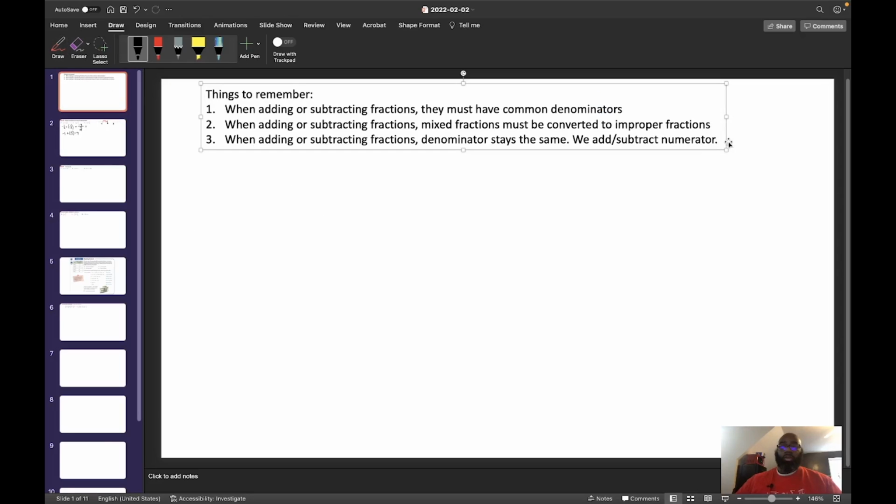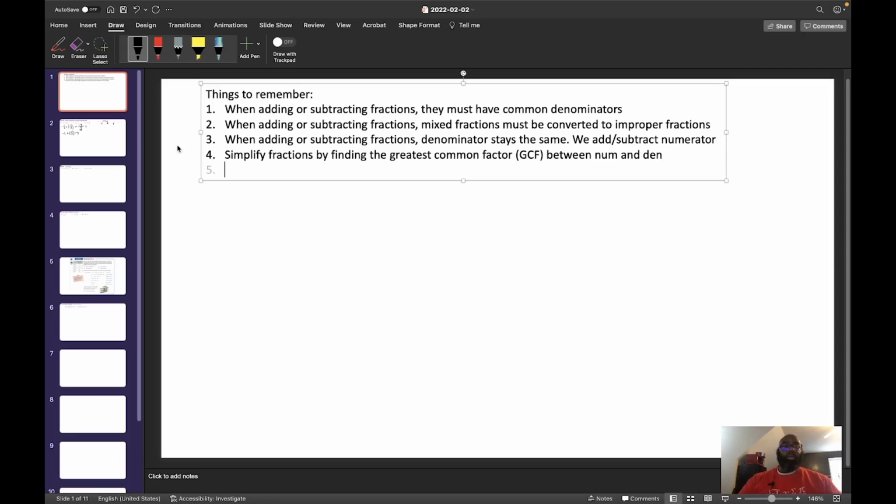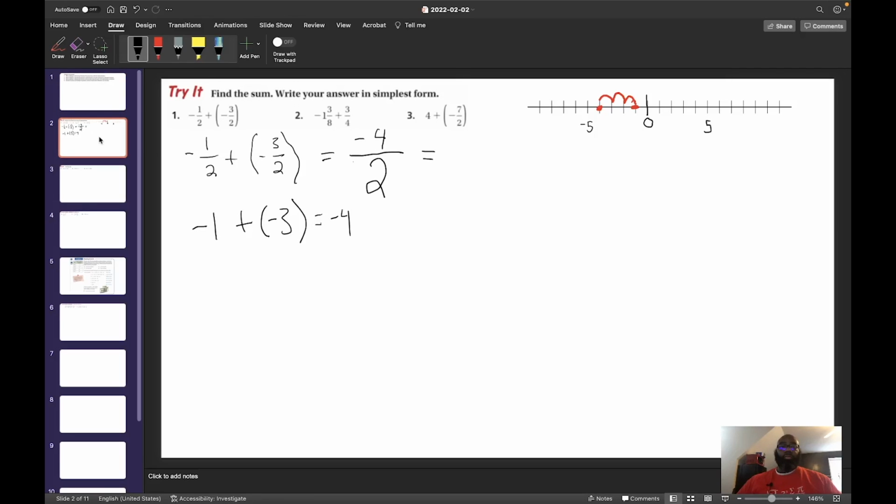We're going to say: simplify fractions by finding the greatest common factor, or the GCF, between numerator and denominator.